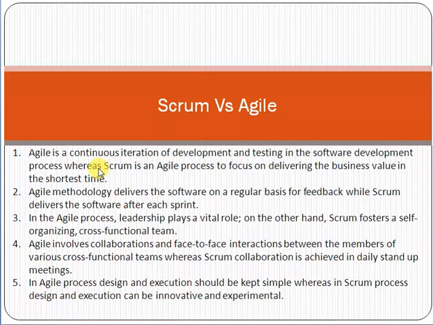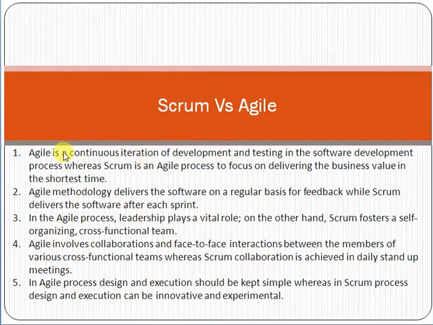Like we develop and then test and then deliver, develop, test, and then deliver. And Scrum is basically a framework based on the agile approach, and the main focus of Scrum is that we can deliver things to the customer in the shortest time period.